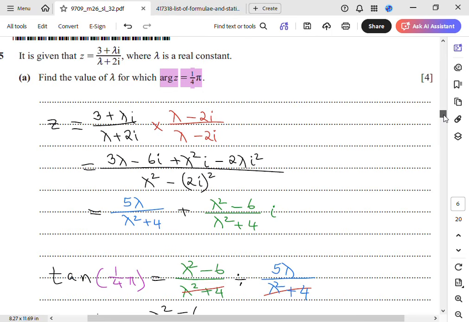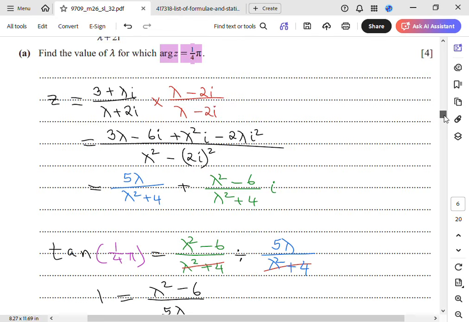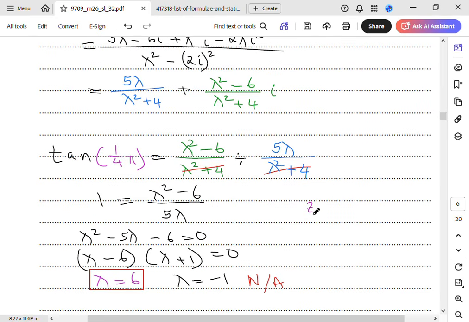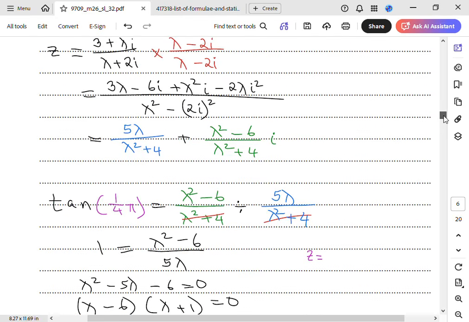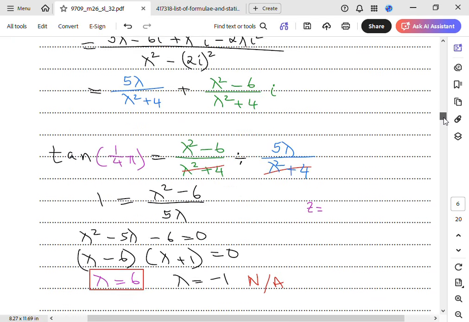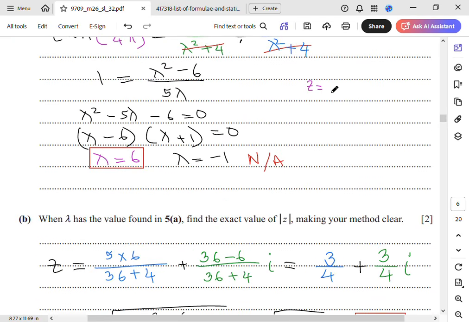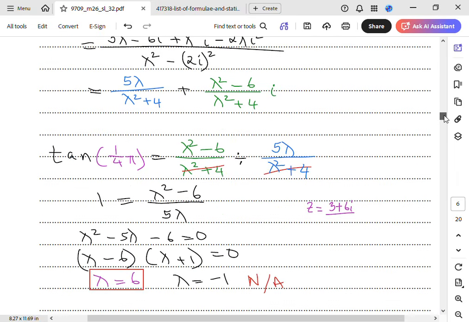If lambda was equal to 6, then the complex number z becomes 3 plus 6i divided by 6 plus 2i.